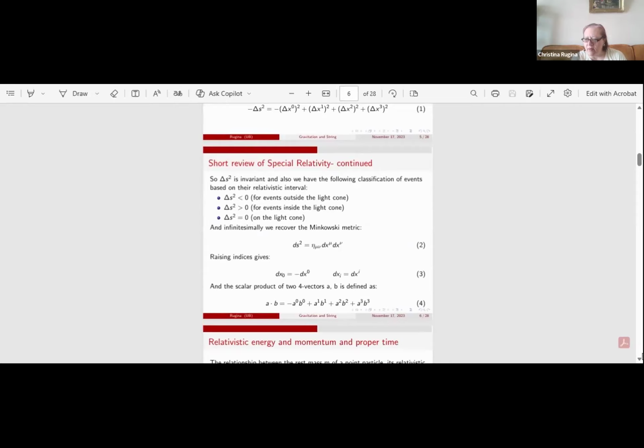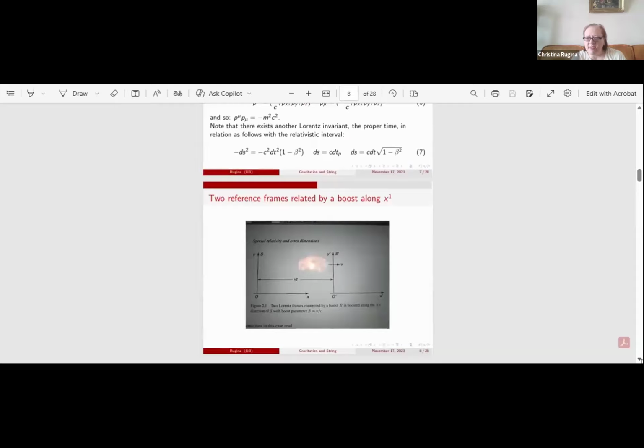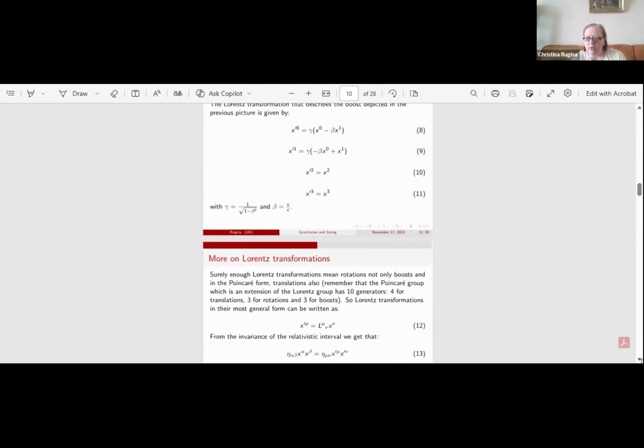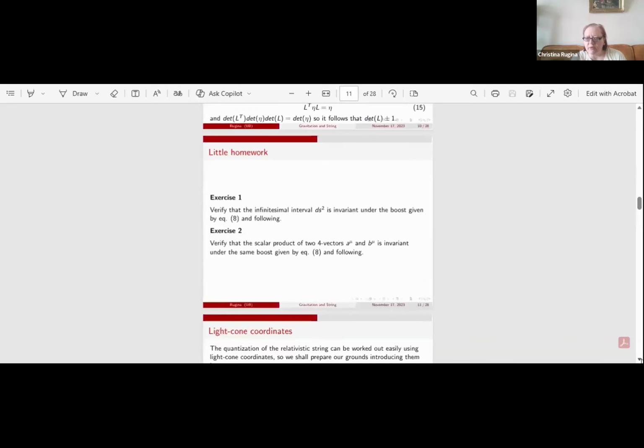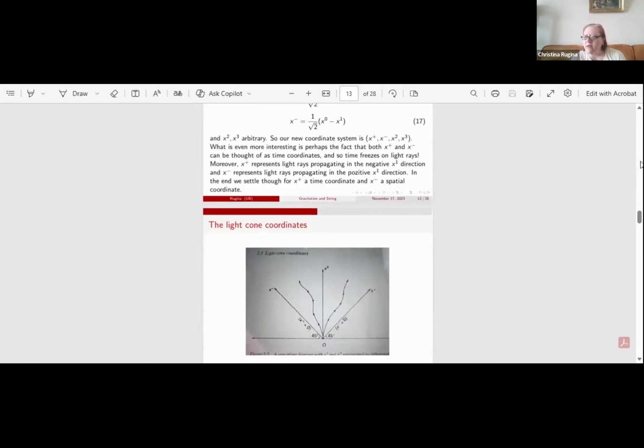I'm not sure I have a picture here, but I probably do, of the light cone. Let me see, so that we learn these things faster. We have something, but not what I want. Just a second. Let me backtrack a little bit.